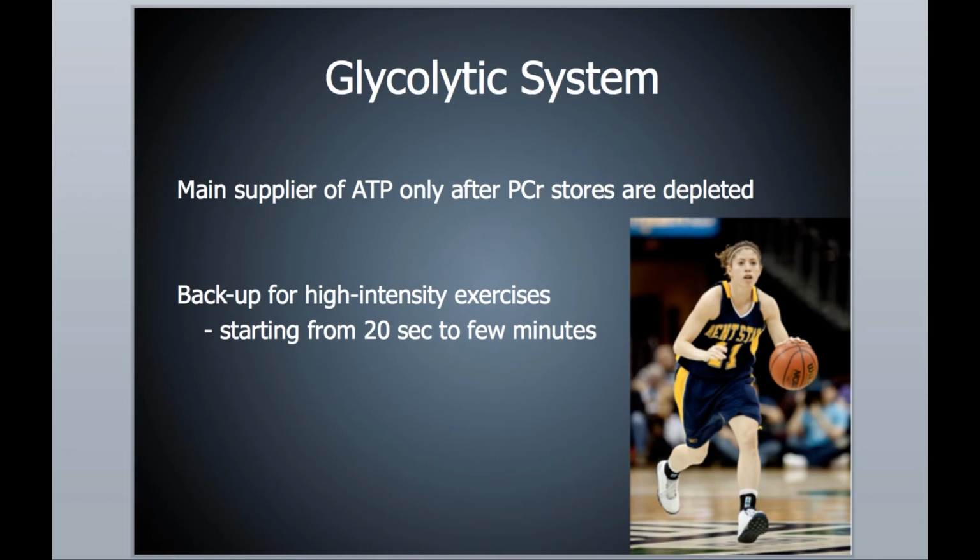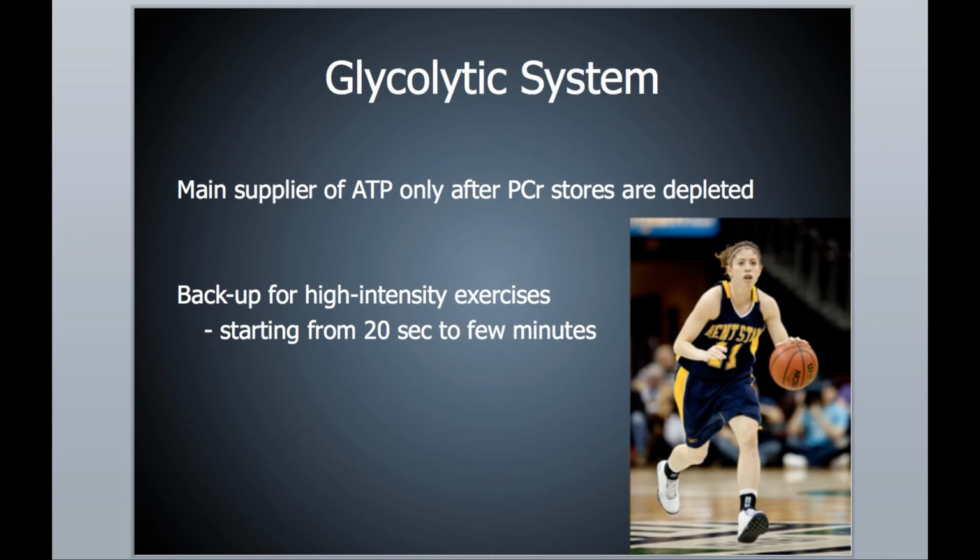All right, the glycolytic system, again, this is going to be a main supplier only after the ATP is not being able to be supplied by the PCR system. So it's kind of a backup for high intensity exercise. We get to 20, 30 seconds of basically sprinting, and you kind of hit that point where you can't really go on anymore unless you have a backup.